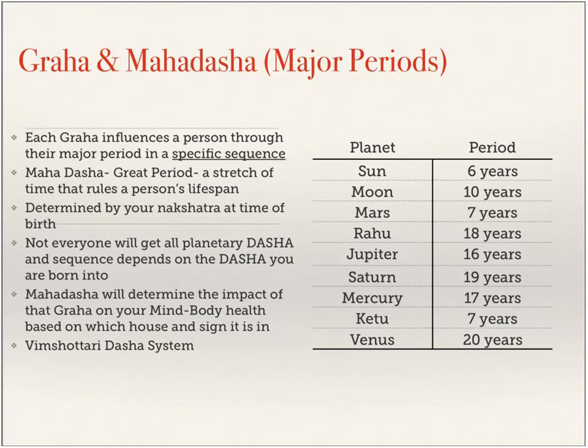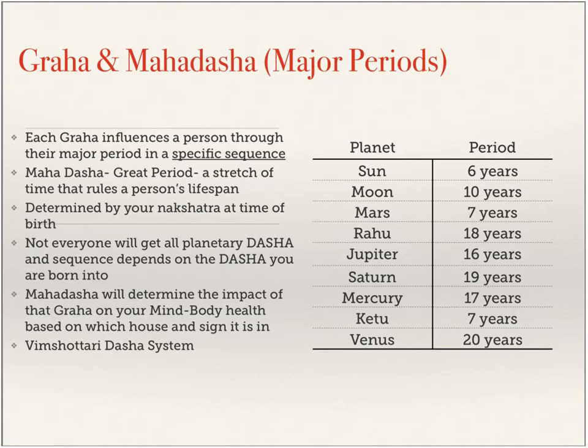And so if you look at this table, the sun will rule a person's life for 6 years, moon will rule for 10 years, Mars 7 years, Rahu 18 years, Jupiter 16 years, and so on. Saturn being 19 years, Venus for 20 years. So if you add all of this up, it's going to total 120 years, right? Well, no person really lives that long. Well, at least, you know, not all of it. So you can see a person is not going to get all the dashas in it.